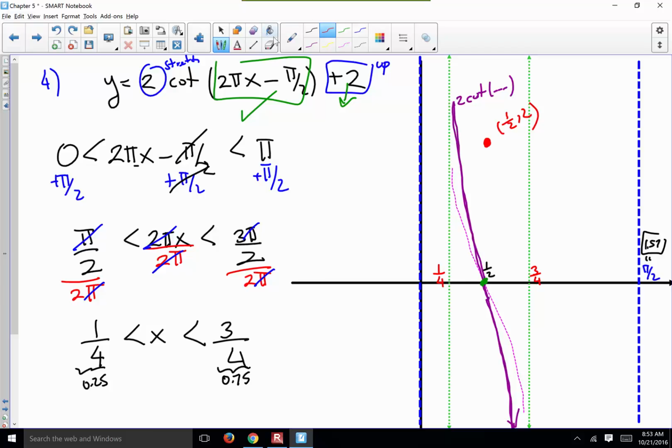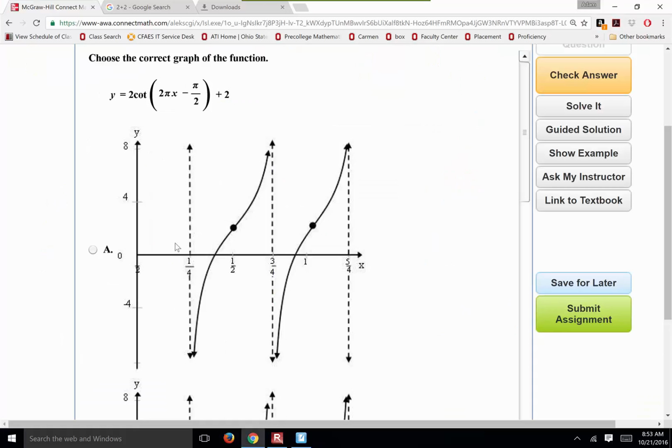Okay, and let's make the final picture here. Got it? And this is 2 up. Alright, let's pick the right choice.